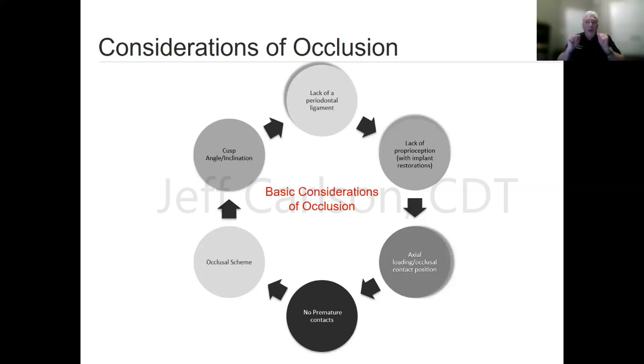It's moving. We open and close in a spiral dynamic movement. We don't chew like a cow, up and down and back and forth. We chew in that spiral dynamic movement. So when we're looking at your denture occlusion that you have already learned about, lingualized occlusion is probably the best way to go. The safest way to go is nice lingualized occlusion, group function.